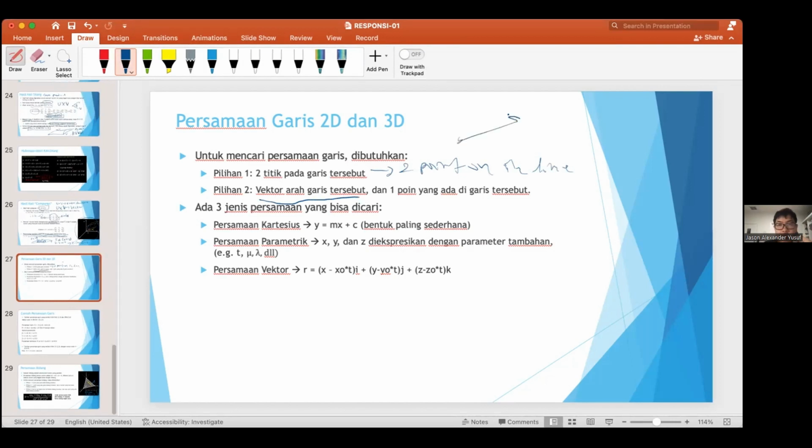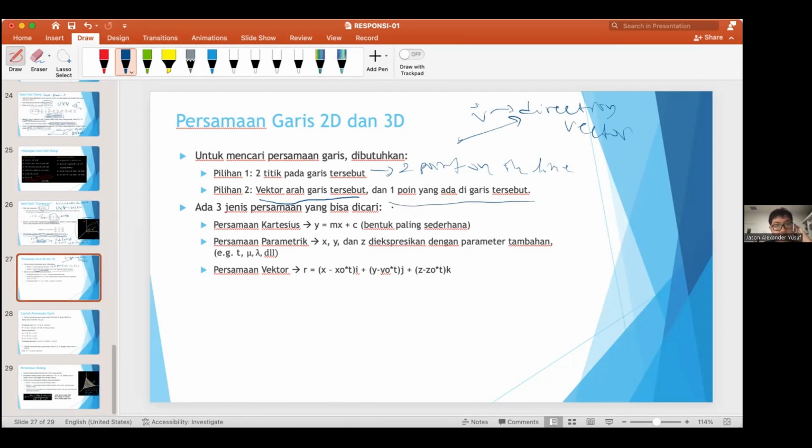So let's say this is the line. This v is called the directional vector, and also a point that goes on the line. You will see it in the next slide, which is the example.